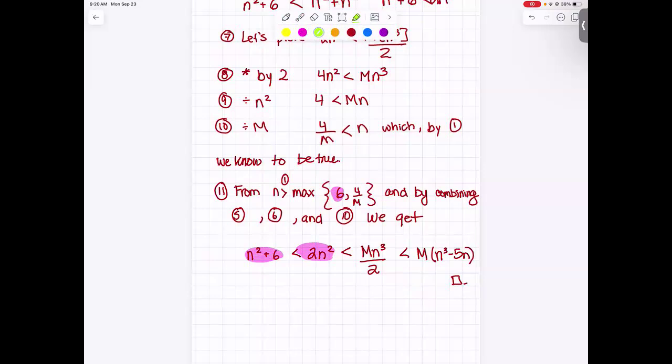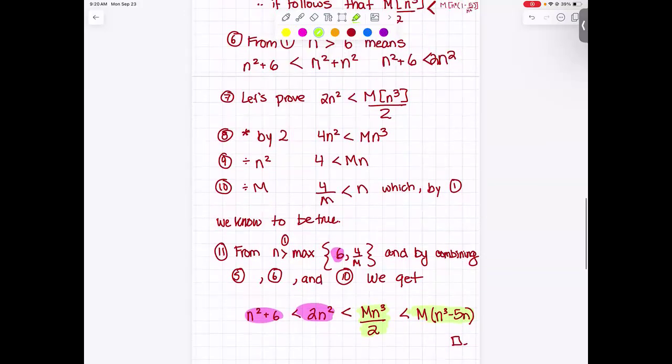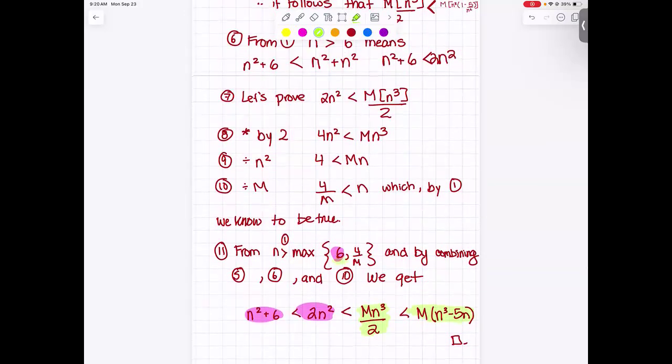Then actually, the first one we did was this one here, which we did by saying that given our n value being greater than 6, we knew that this side with the half would be smaller than the other side. So that was 5, and this one was 6.